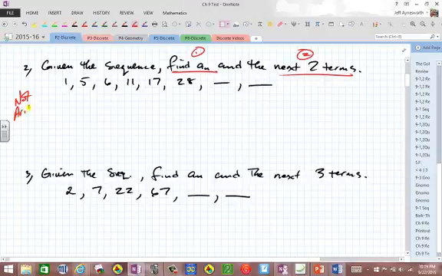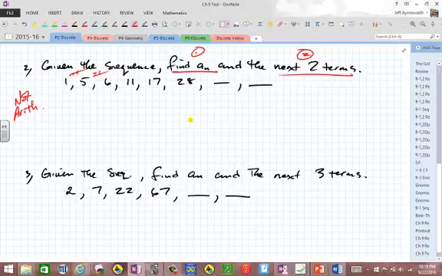You add 4 here, and then you add 1. So, not arithmetic. What do you do? We've been studying Fibonacci numbers this entire time for the last, I don't know, 3 weeks. Maybe it's a Fibonacci-like sequence.